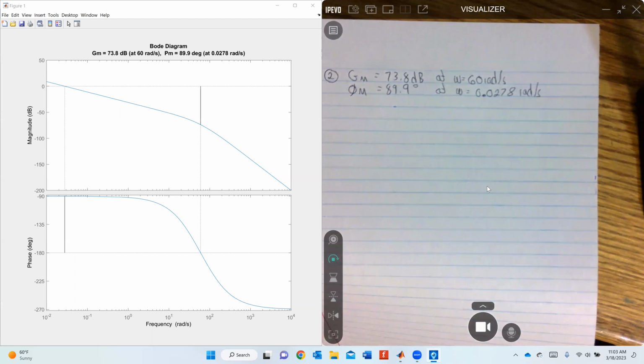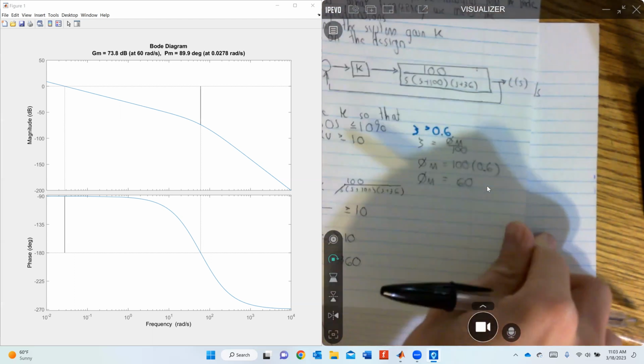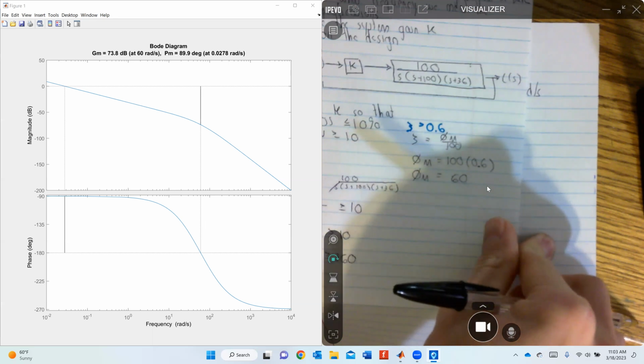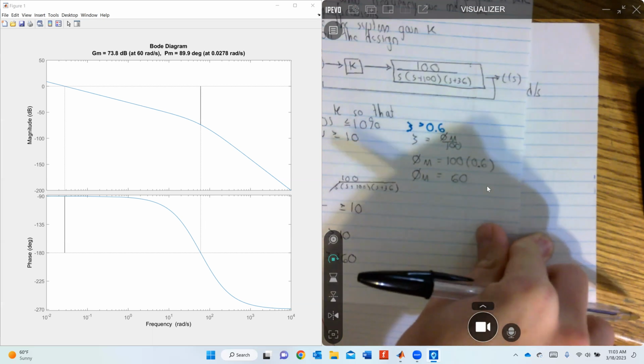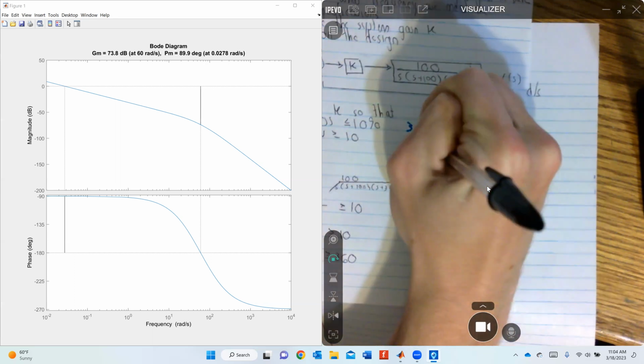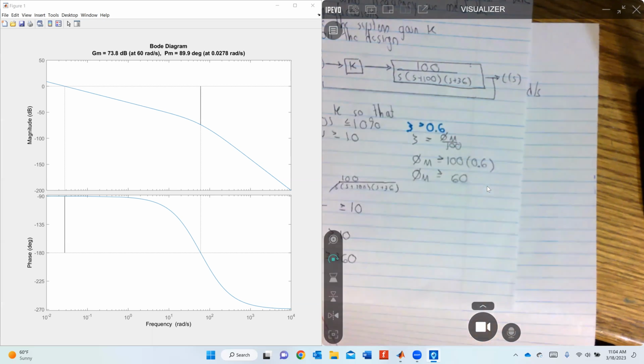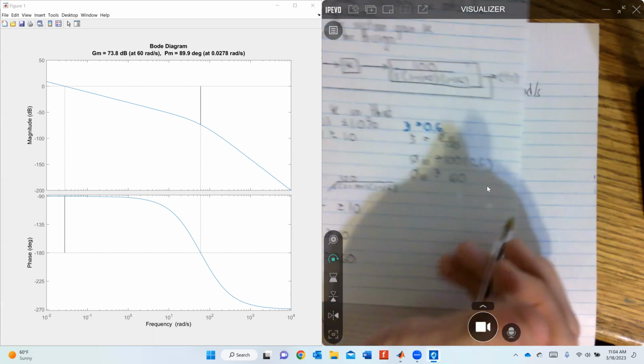If we have a higher zeta, we're going to have a higher phase margin. So our phase margin can be greater than or equal to 60. Remember how phase margin and zeta are linked? If you have a higher zeta, you have a higher phase margin. And so our phase margin can be greater than 60. So we have some room.